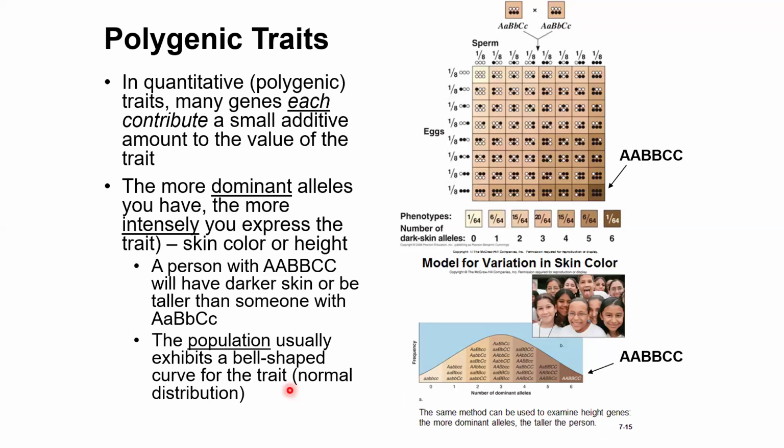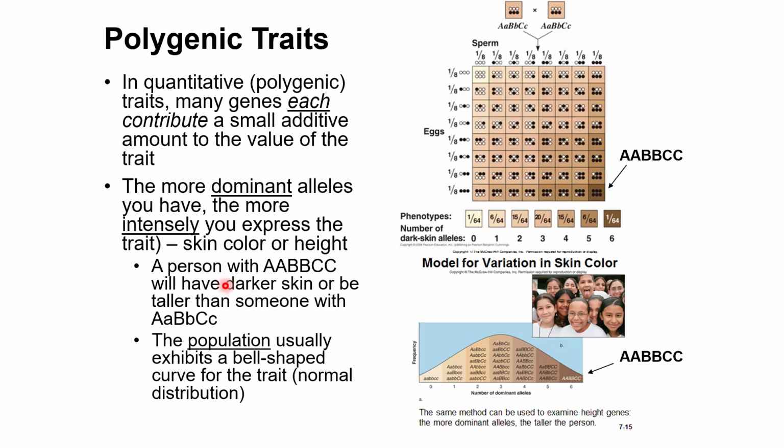So what do we mean by polygenic traits? Polygenic traits are traits where each gene contributes a small portion of what is happening with a trait itself. The more dominant alleles you have, the more intensely you would express that specific trait. So in this example, it would be like skin color or height.